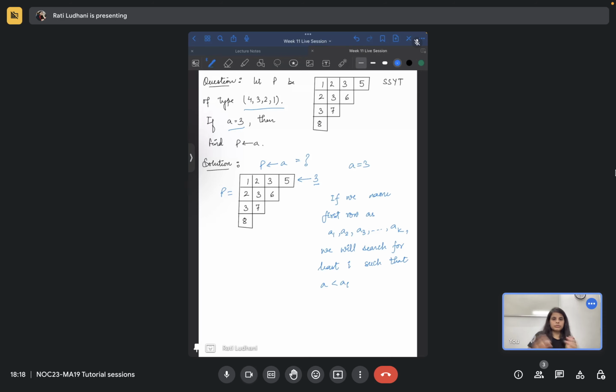So we'll start from the first element of the row, look at all the numbers, and search for such an ai such that a is less than ai.